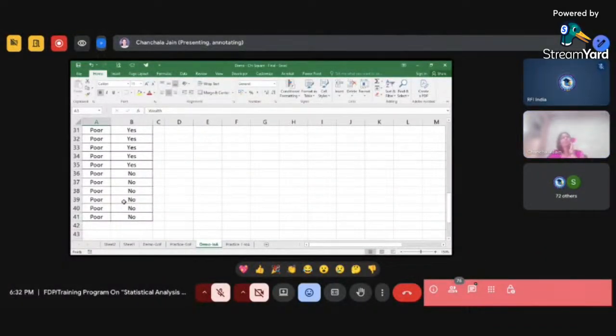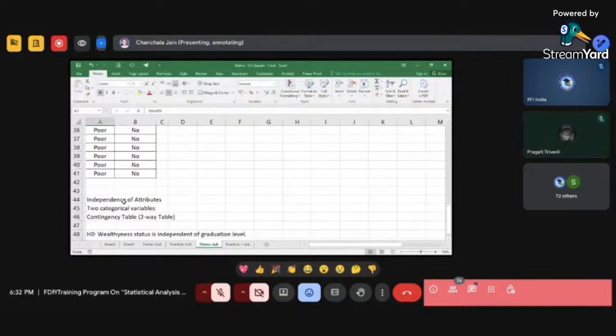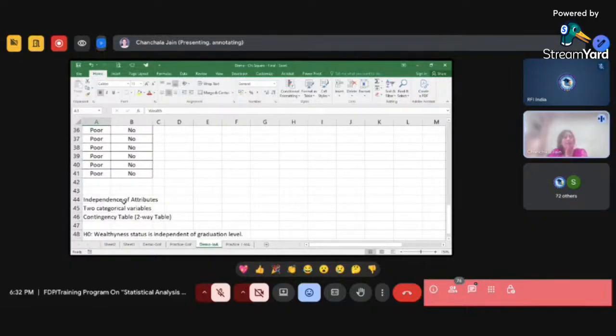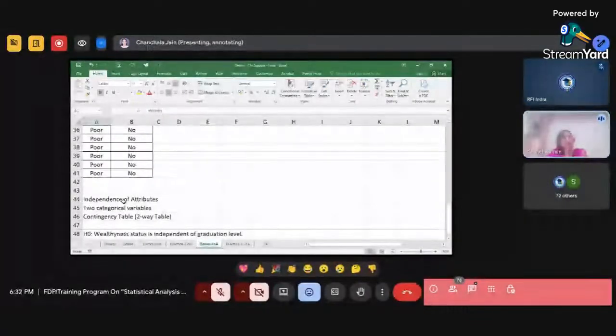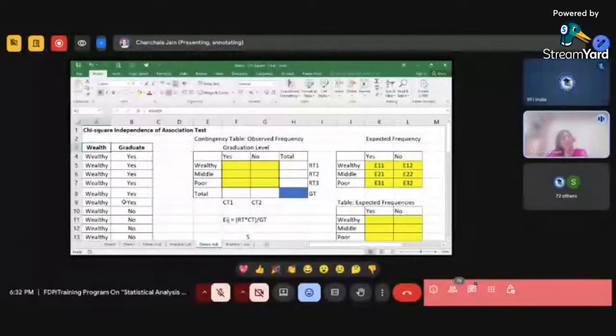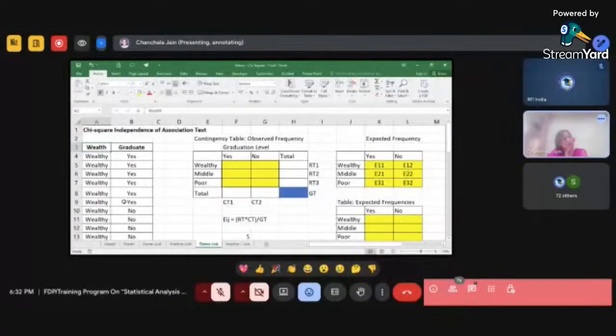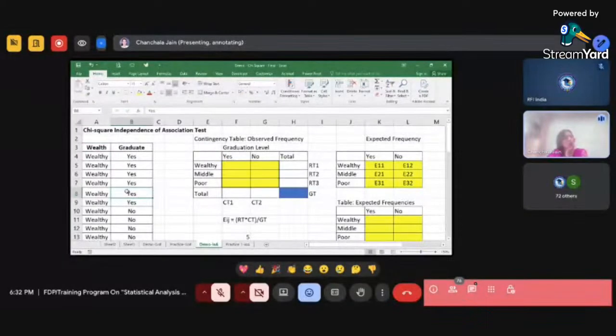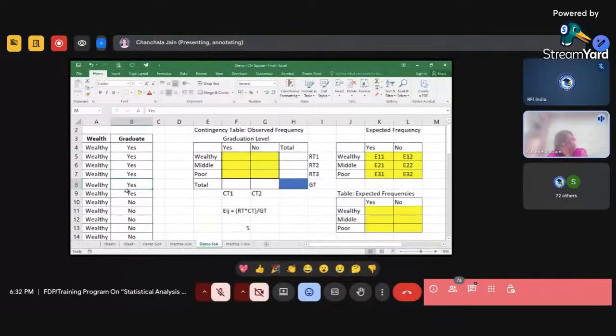Yes. Fine. Now, I need to formulate my null hypothesis. I think this data is perfect for a contingency table test of association. Two categorical variables are available, and I want to find whether these two categorical variables are associated with each other or not. Meaning, whether the wealth status is dominated by the graduation status. This is what I want to check, right?